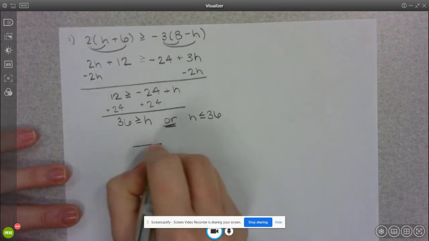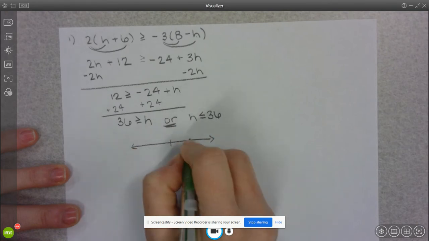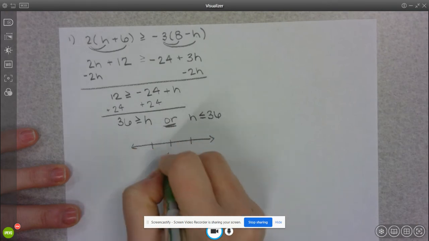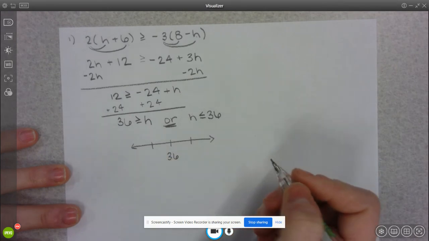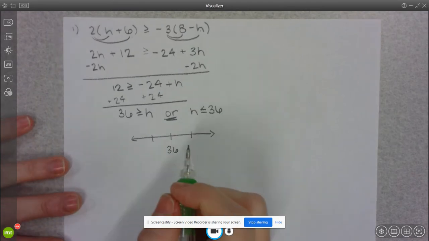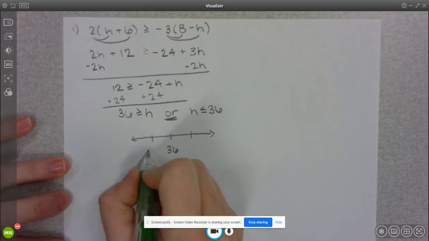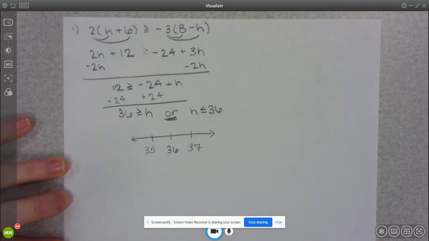So if we were asked to graph this on a number line, normally if I'm graphing this by hand, I just do 3 numbers on my number line. Since these are positive values, the next one down is going to be 35. The next one up would be 37.